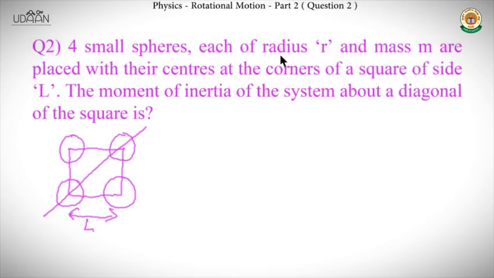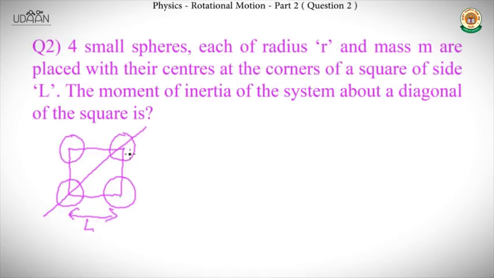So here what we need to find is the distance of this center sphere from the axis. And we know the standard moment of inertia of the spheres. So the moment of inertia of these 2 spheres will be added without any changes, as both of the axes are the standard axis.